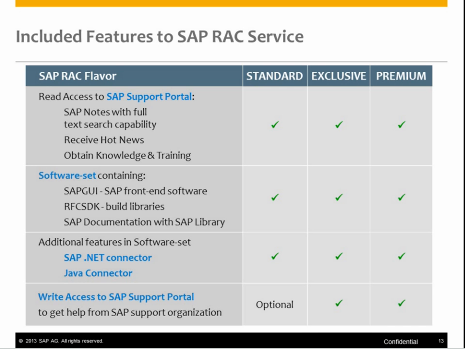Also, with exclusive and premium, it's included, and with RAC standard, it's optional. You can have write access to the SAP support portal to get help from the SAP support organization.